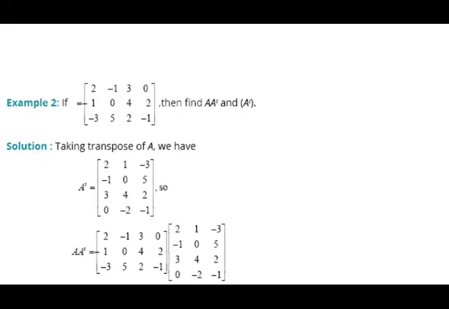First row becomes first column. First row is 2, minus 1, 3, 0. Now it becomes first column: 2, minus 1, 3 and 0. And second row 1, 0, 4, 2 becomes second column, and third row becomes third column.